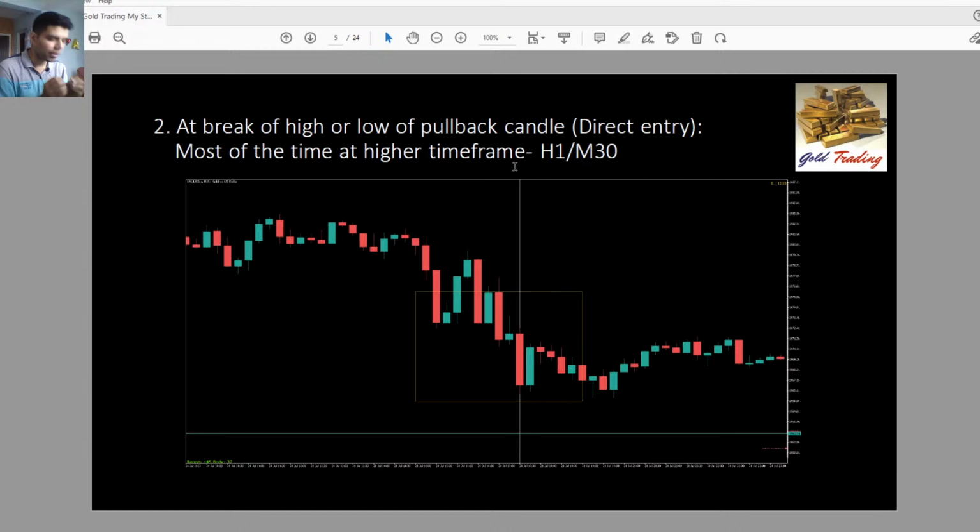Okay guys, so even if it seems like direct entry at H1 and M30 time frame, there is actually everything formed in the lower time frame. Okay guys, so let me show you the chart.